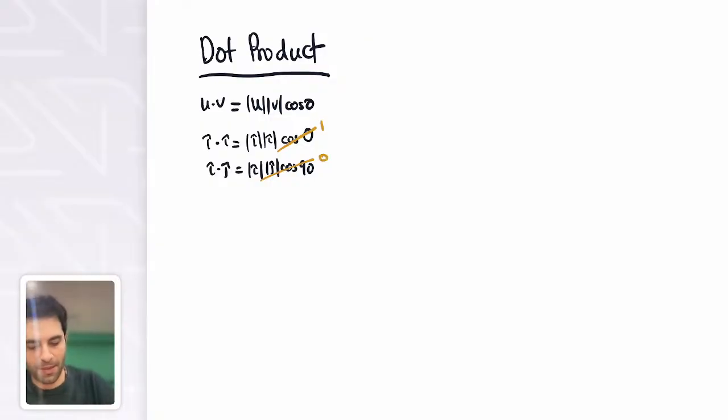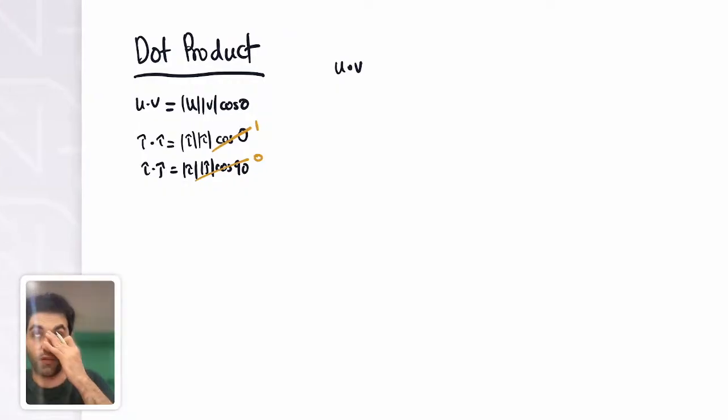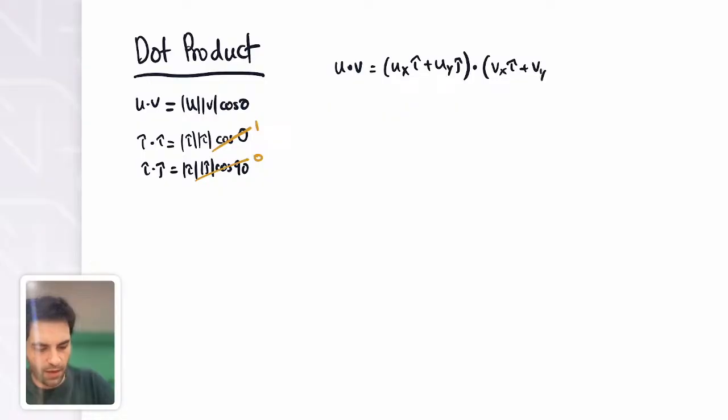So okay, if that's going to be the case, let's do the same exercise. Let's suppose I've got u dot v this time. I've got uv cos theta, or u dot v. That's going to be uxi plus uyj dot this time vxi plus vyj. Everyone got that?